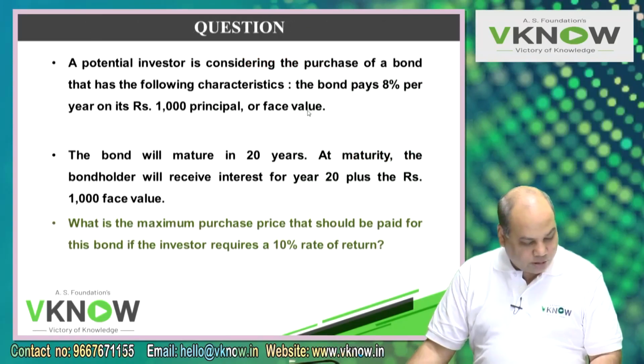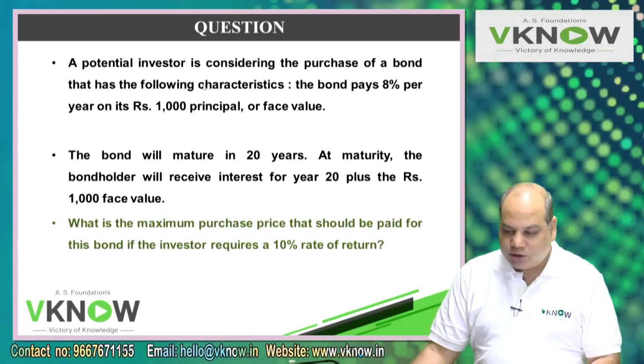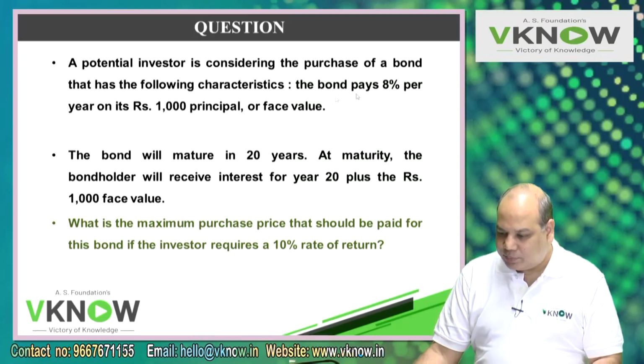Now, dear student, come to the next question. 3. A potential investor is considering the purchase of a bond that has the following characteristics. The bond pays 8% per year on its ₹1,000 principal or face value. So what is the annual coupon here? 8% of 1,000 means 80 rupees per annum.